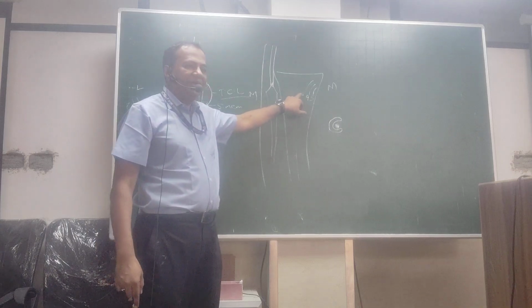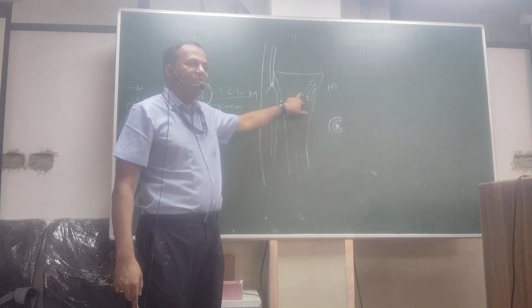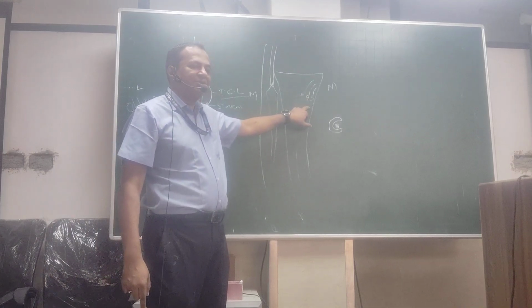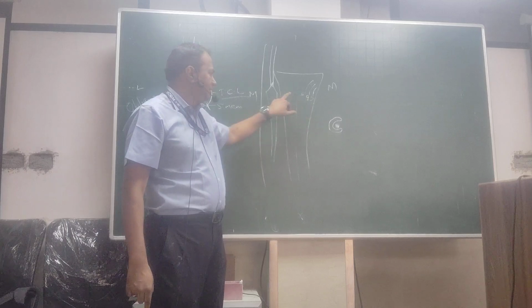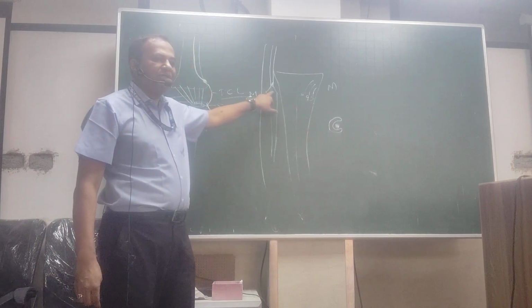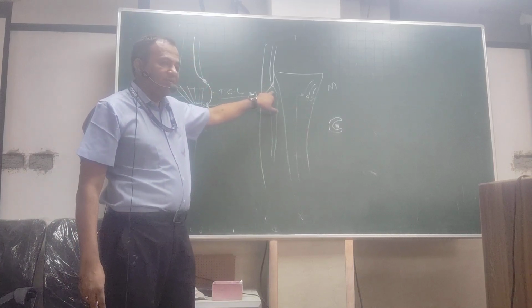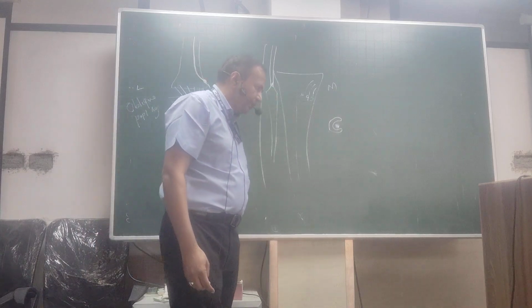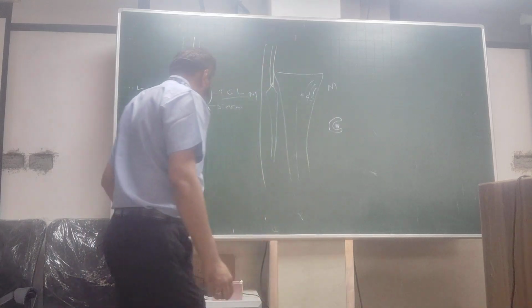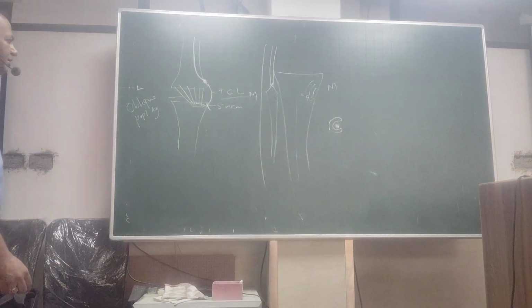Insertion of semitendinosus is along with sartorius and gracilis, and insertion of biceps femoris is on the fibula. So this is how the 3 hamstrings get inserted.